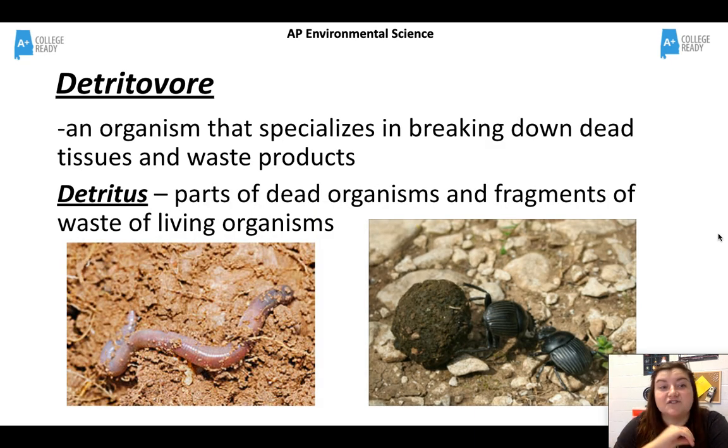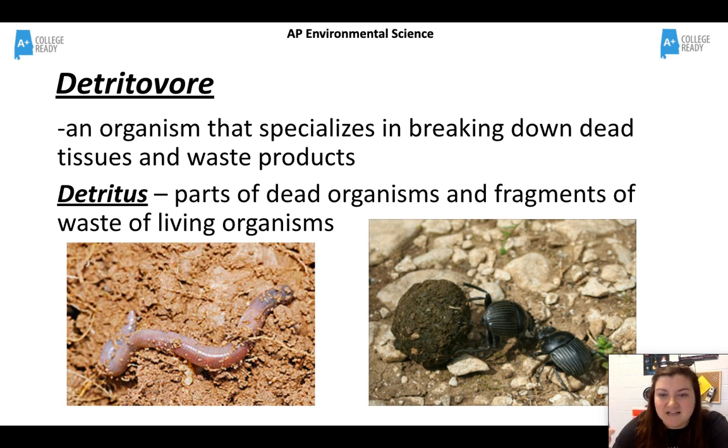Detritivores. Detrivore is so much easier to say, but detritivores, these organisms are some of my favorites. I think they're really cool, even though they're kind of gross. These are organisms that break down dead things and waste products. So detritus, oh my gosh, my pronunciations are a struggle today. Detritus, those are just going to be the parts of dead organisms and fragments of waste of living organisms.